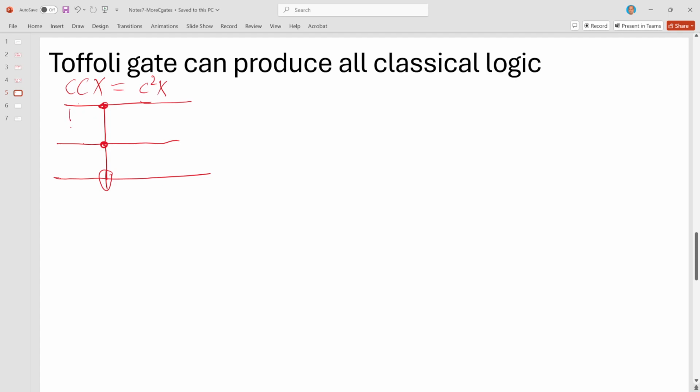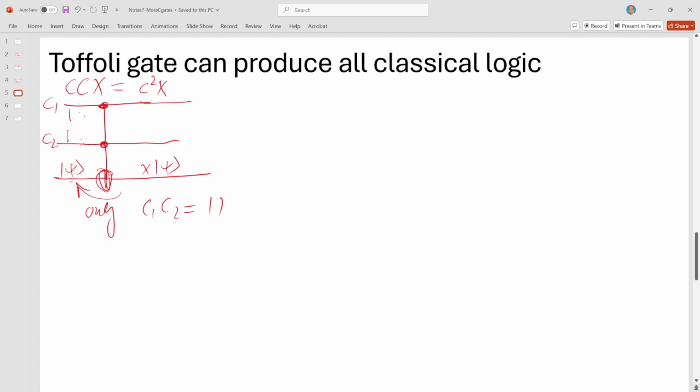If this is 1 and this is 1, then whatever state is here, we get the X gate applied. If none of them is 1, nothing happens to this state. So this X gate is applied to this state only if both control 1 and control 2 are 1. Otherwise this X gate is not applied.